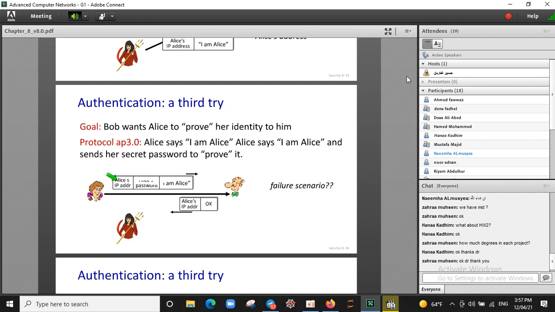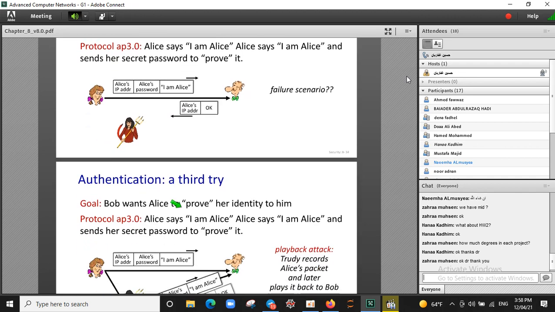Let me try another strategy. I am Alice, and this is my IP address, and this is my password. Alice has her own password. To prove that she is Alice, she sends her IP address, her message, and her password to Bob. And Bob says, okay, I know that you are Alice, because, for example, of that IP address. Okay.